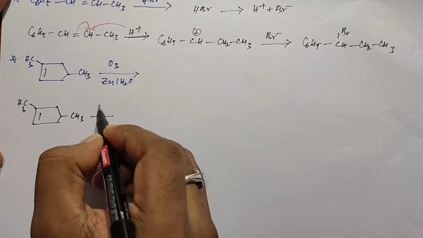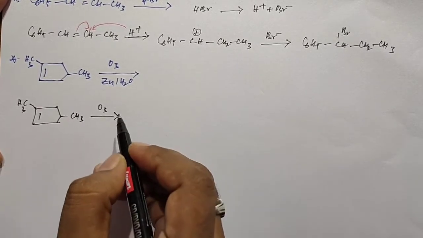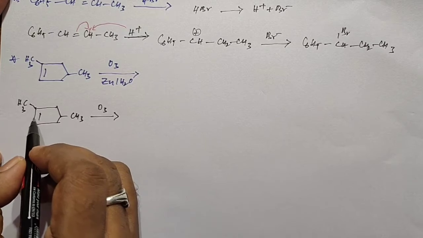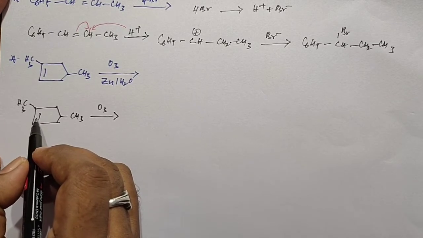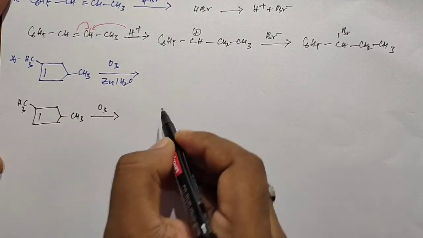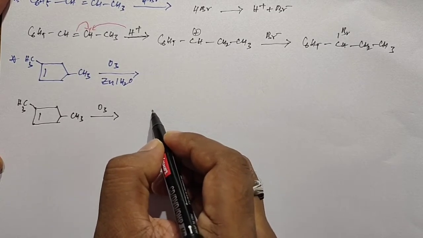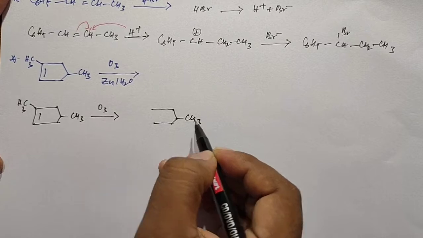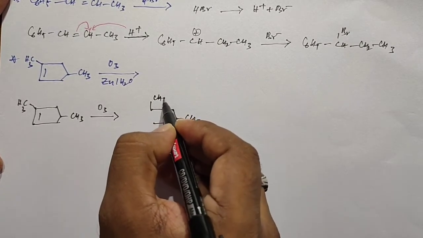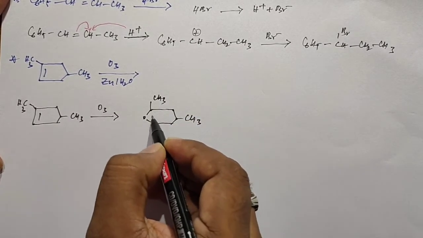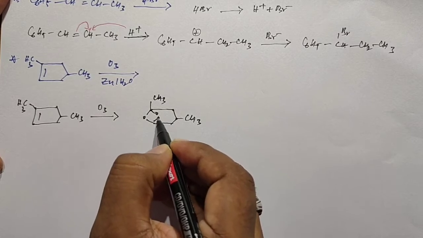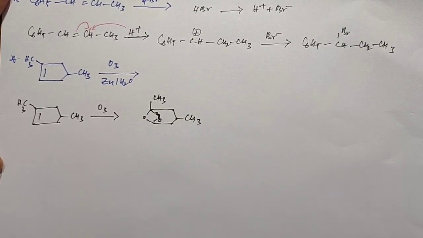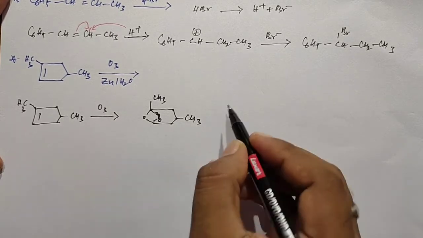When this compound reacts with ozone, the pi bond, this double bond, is broken, and O3 is attached here. So we get a substance like this, where O3 is attached here.